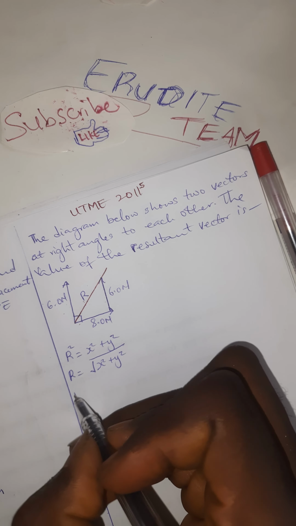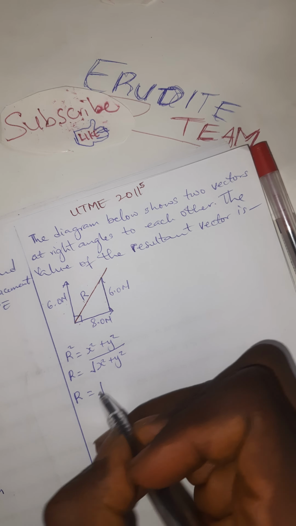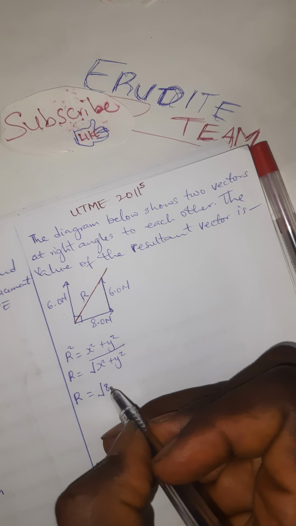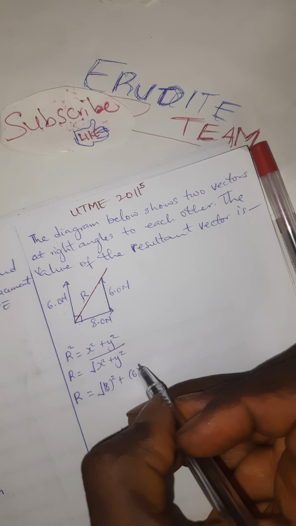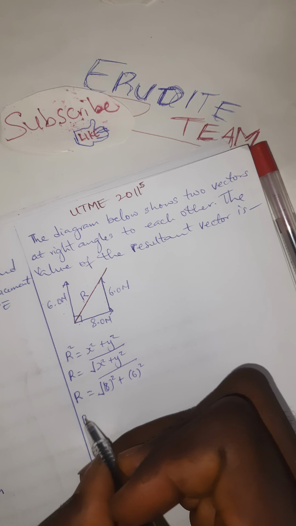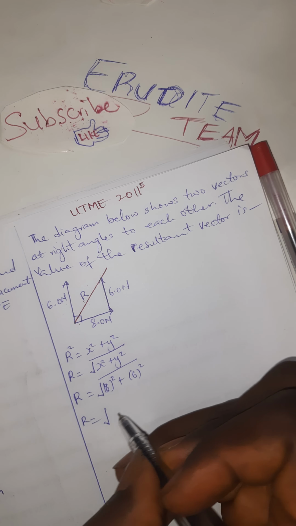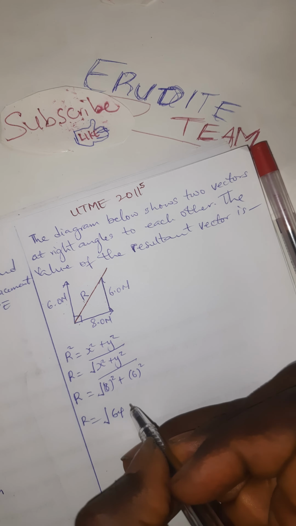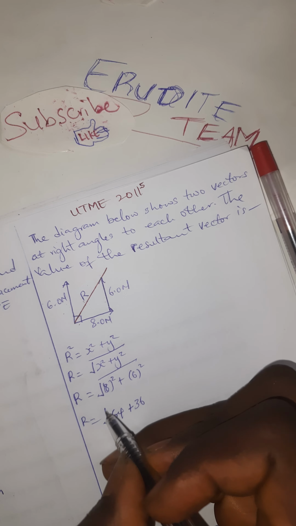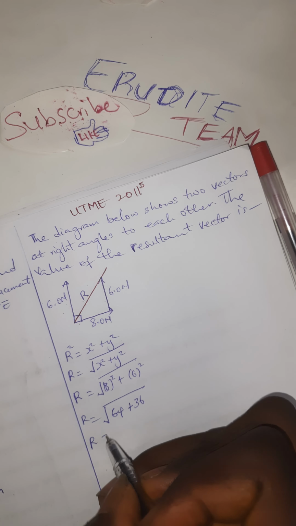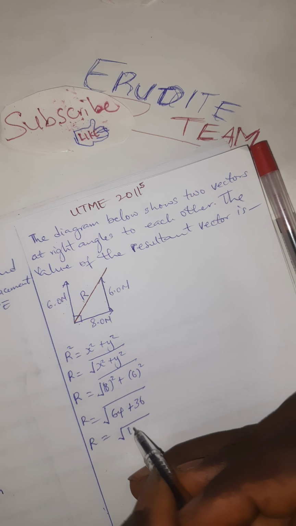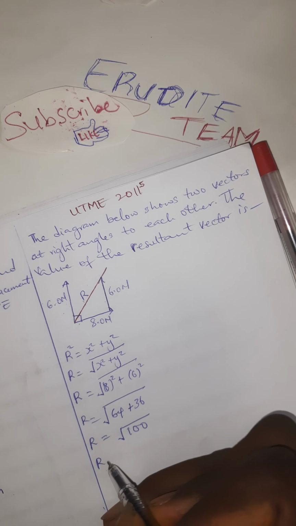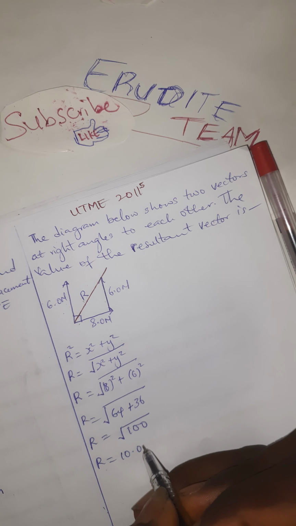With that, we have our resultant to be the square root of 8 squared plus 6 squared, which is the square root of 64 plus 36, which gives us 100. And the square root of 100 gives us 10.0 Newton.